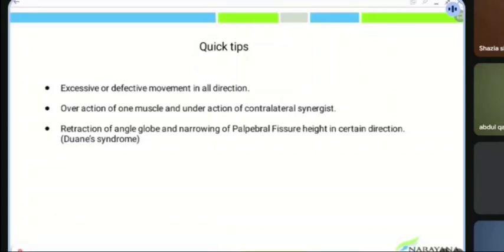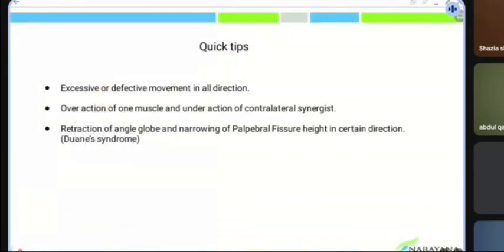And we have another thing, which is Duane syndrome. In Duane syndrome you have different types, but to keep it basic, when you do this version test, you'll see there will be a retraction of the globe in one particular direction.